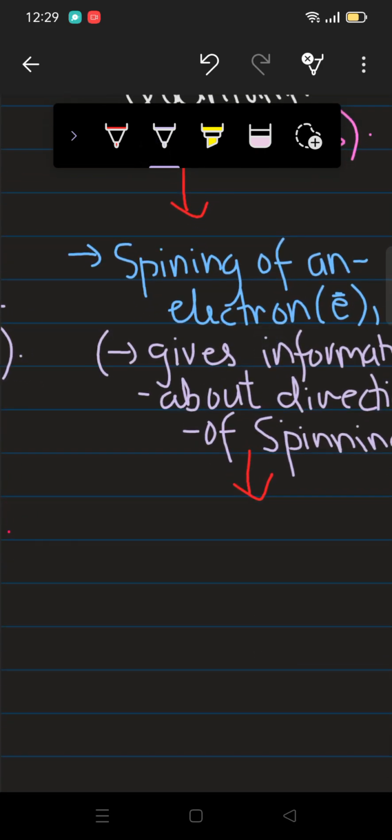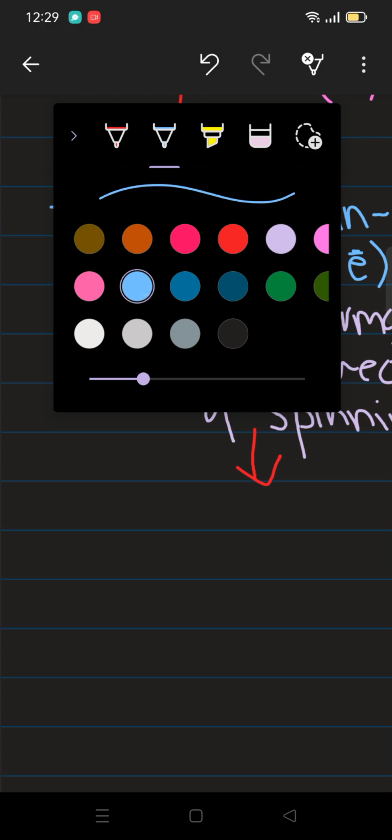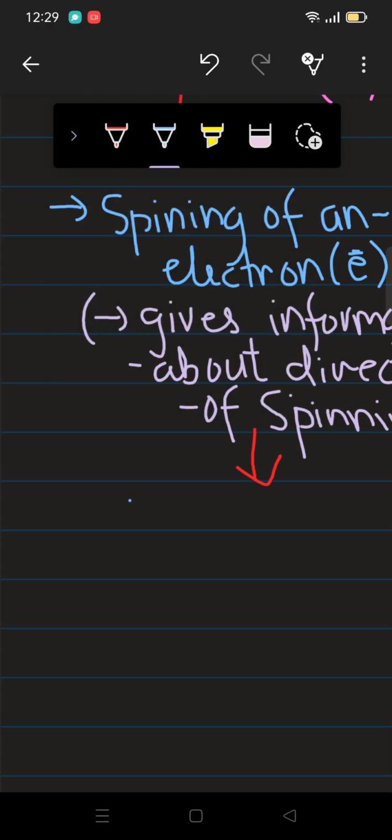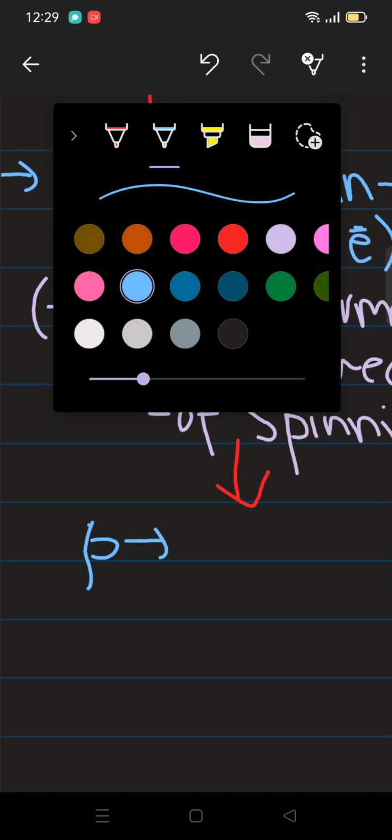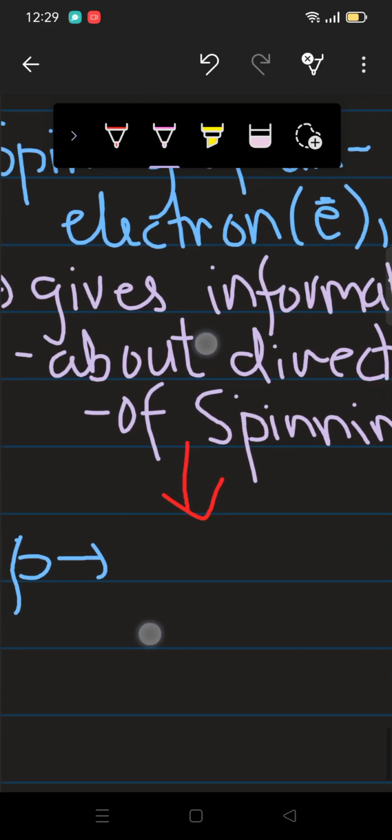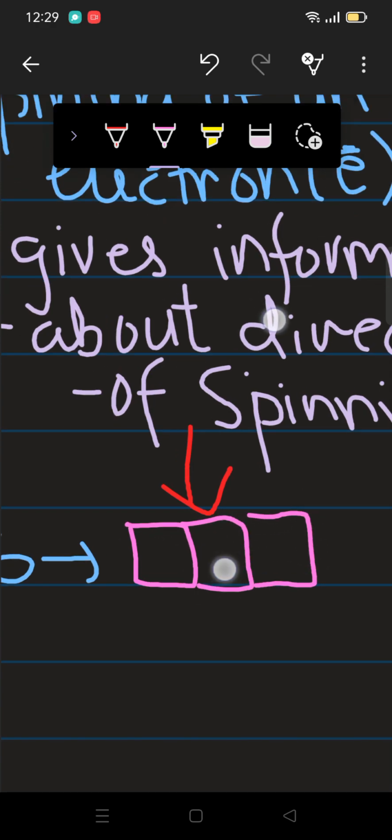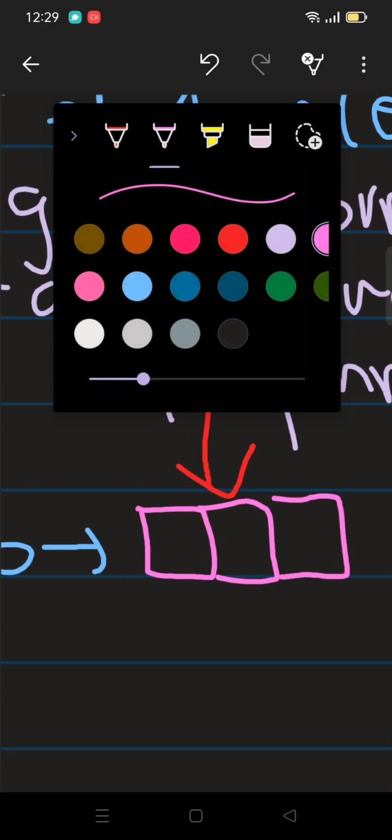For example, if I have a subshell P, we know that in the P subshell we have three orientations, three orbitals. Now how will electrons be moving in these? One orbital is going to have two electrons.